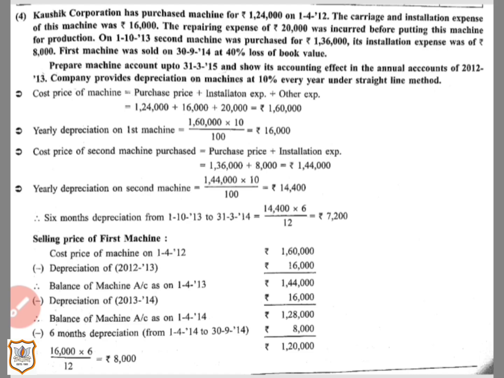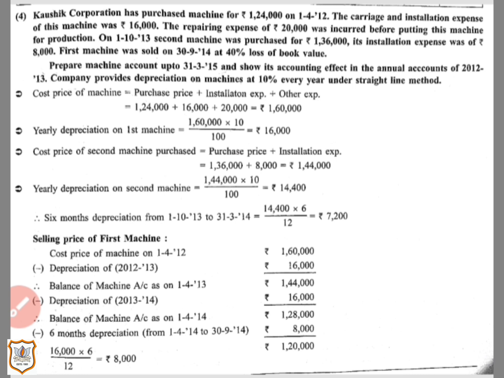Here first we will find out the yearly depreciation of the first machine, and we know that under the straight line method depreciation will be calculated on the cost price of the asset. So here the cost price of the machine is equal to purchase price plus installation expense plus other expense.